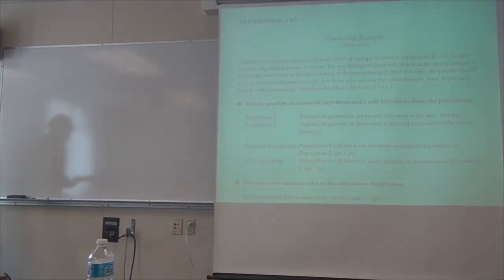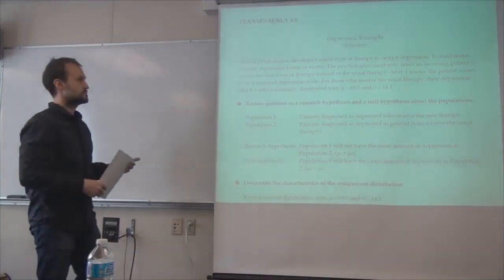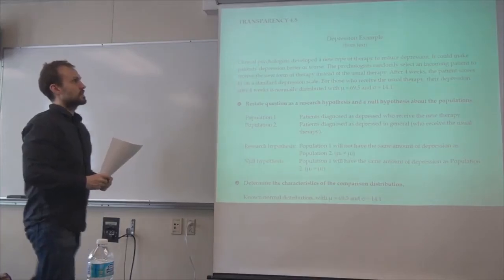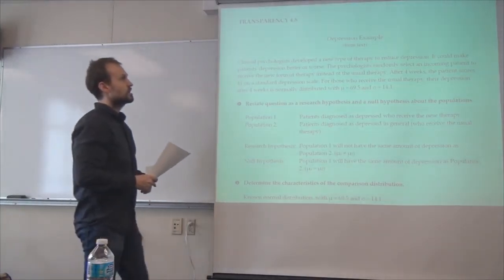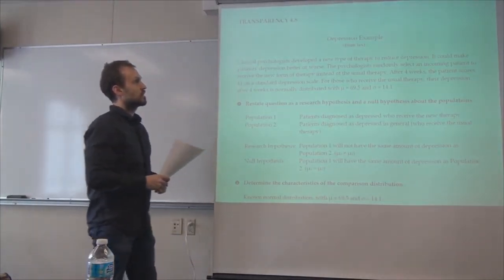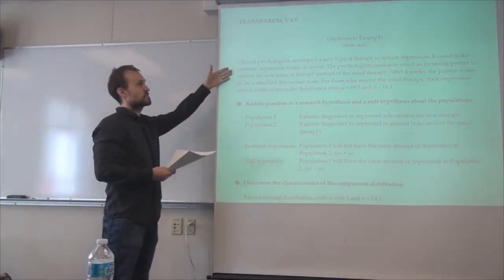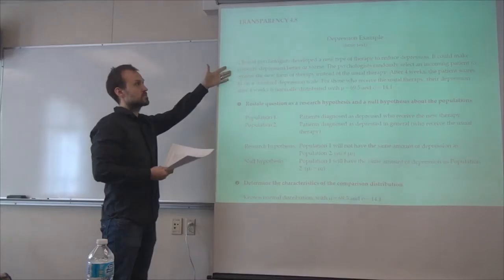So let's look at a couple of examples. Depression example, sort of adjusted a little bit. So there's a new type of therapy to reduce depression. It could make the patient's depression better or worse.